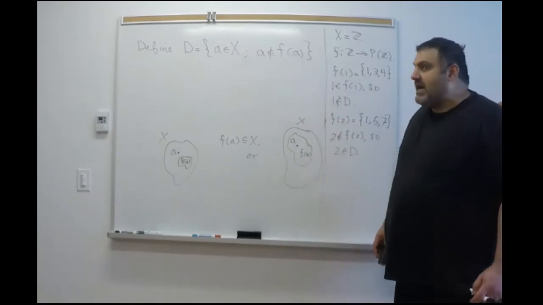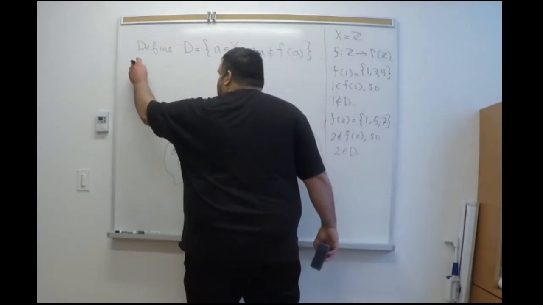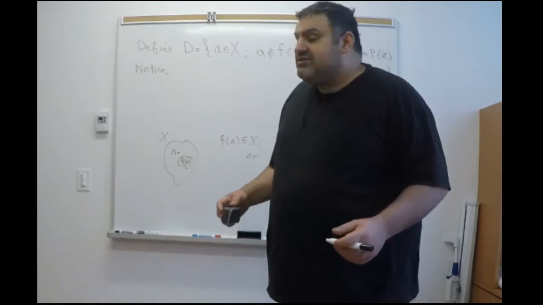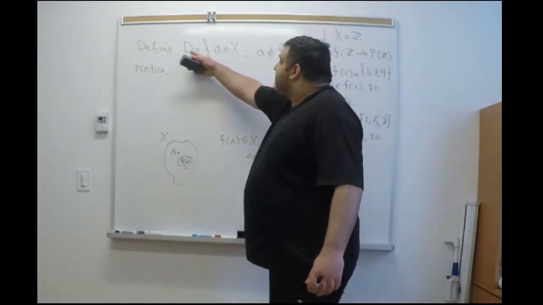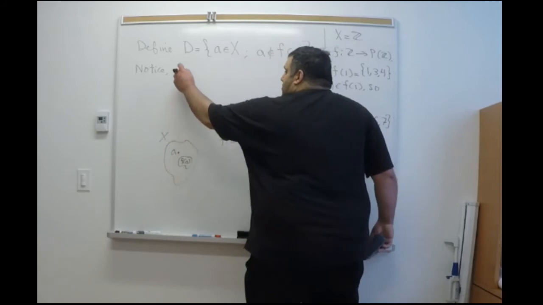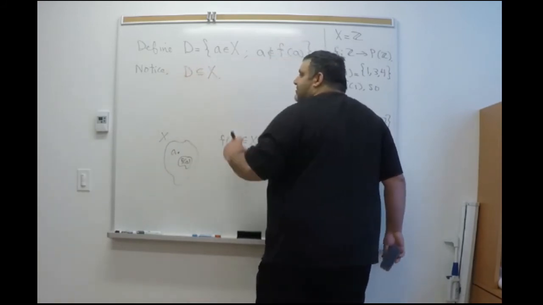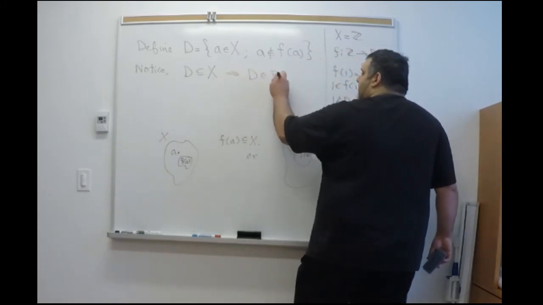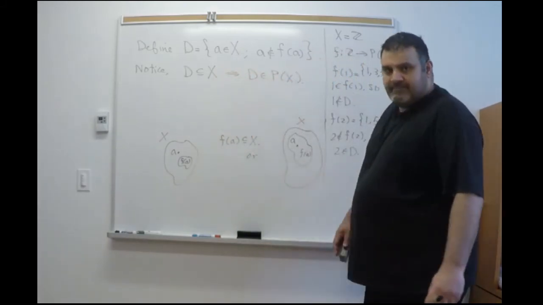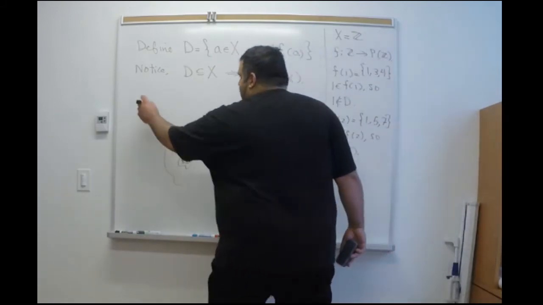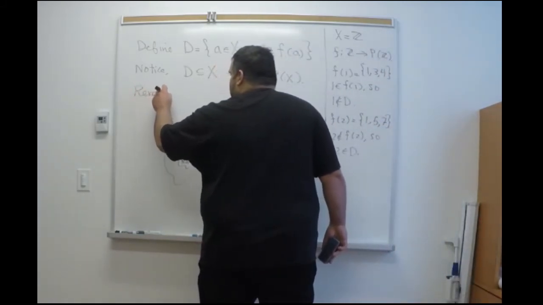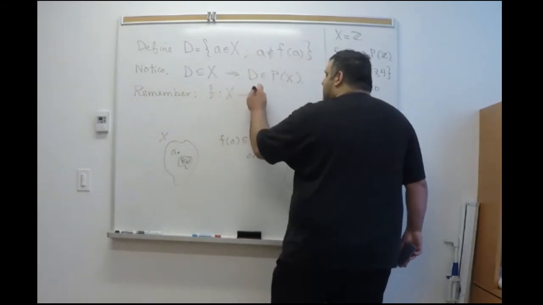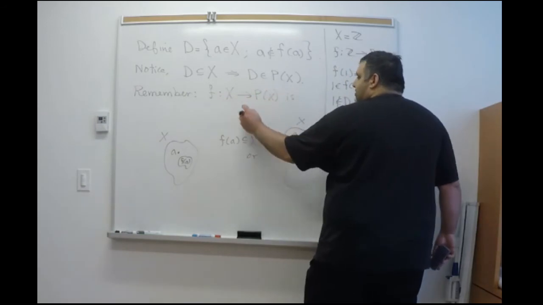So this is a set. Now notice, where does D sit? Well, by definition, elements of D come from X. So D is a subset of X, which tells you D is an element of the power set of X. Now remember, f goes from X to the power set and is a bijection.